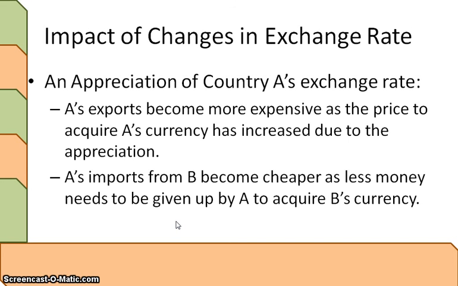Now, what is the implication of the increase in imports? Well, if imports become cheaper compared to domestic products, it may lead to domestic firms losing sales because consumers are more desirous to purchase abroad than local because of this appreciation in the exchange rate, because imports are now cheaper.